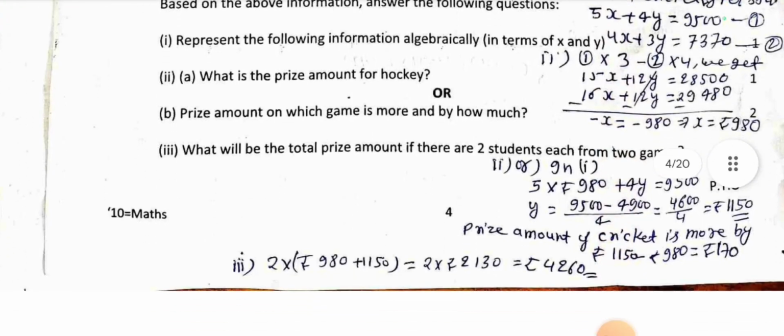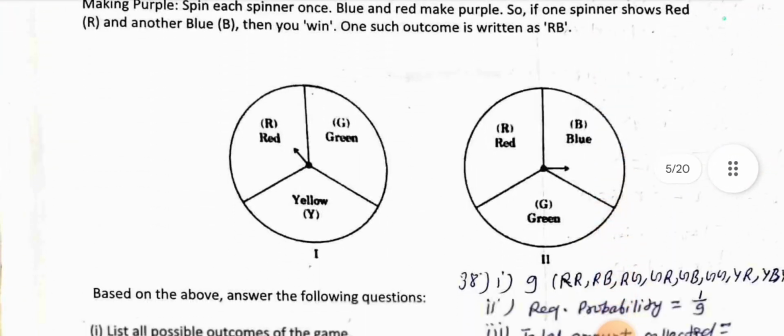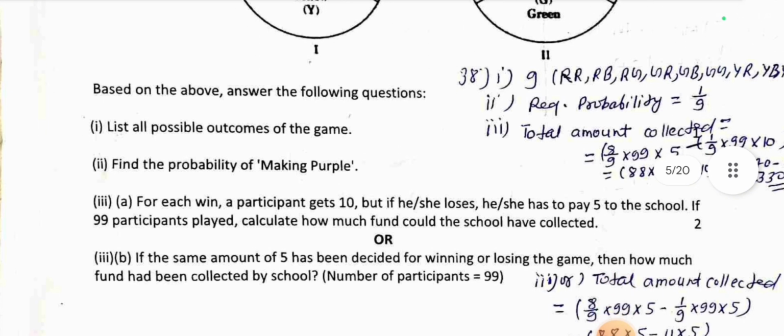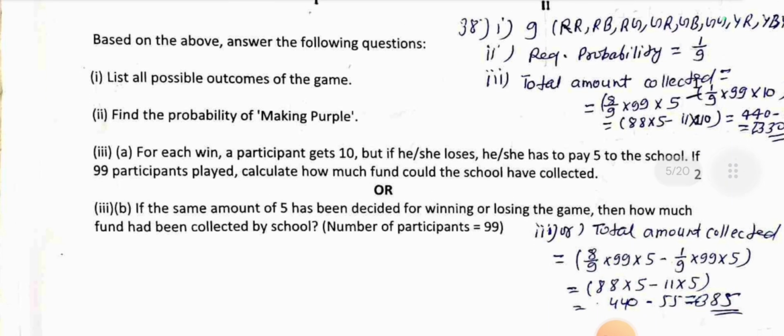Next, those who lost the game need to pay 5 rupees each. The probability of a student losing is 8 by 9. 8 by 9 into 99 means 88.